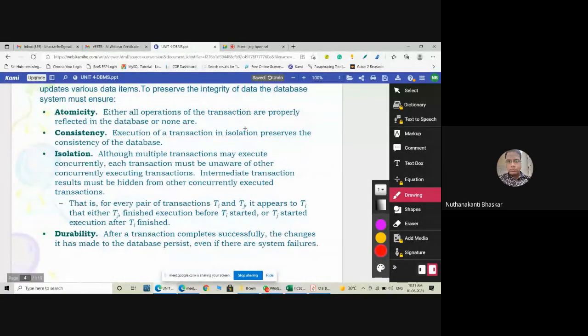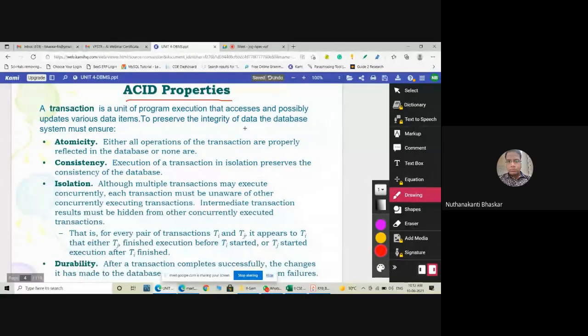Here these four properties are core properties for the database management system as well as the transaction management system. So all of you please remember and understand these ACID properties so that we can understand how the transaction really works and how we are going to implement it. Today I am going to discuss these ACID properties. The remaining things we will discuss in the next class.